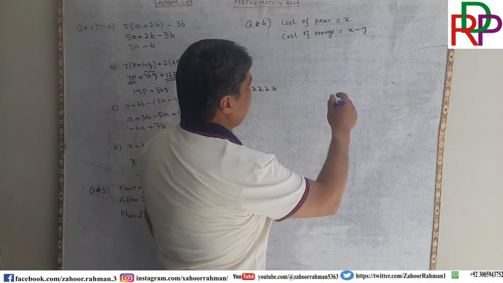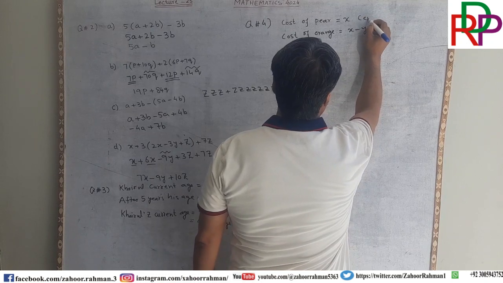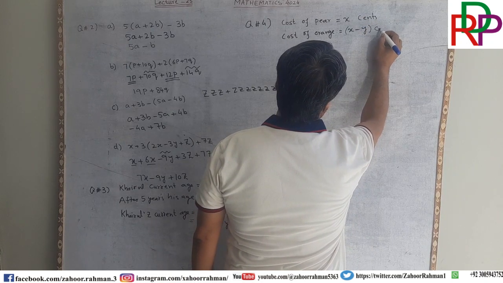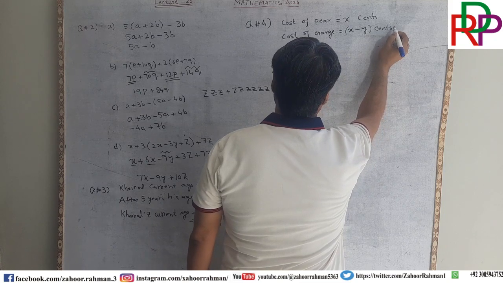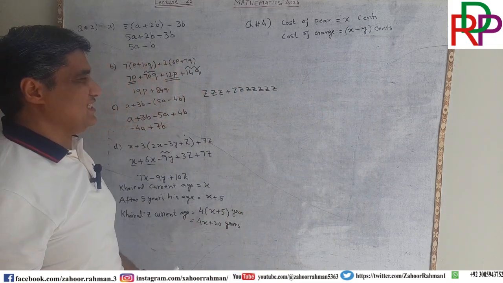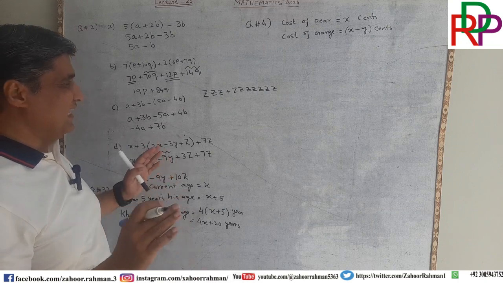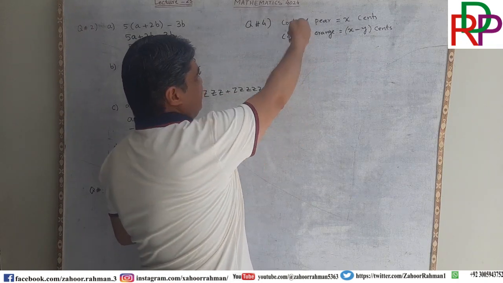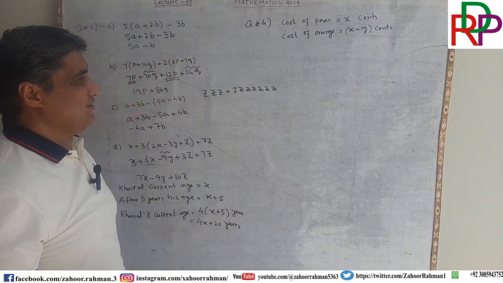They are X cents and they are X minus Y cents. How I took this? Because they are saying oranges are costing less, Y less than the cost of the pear.